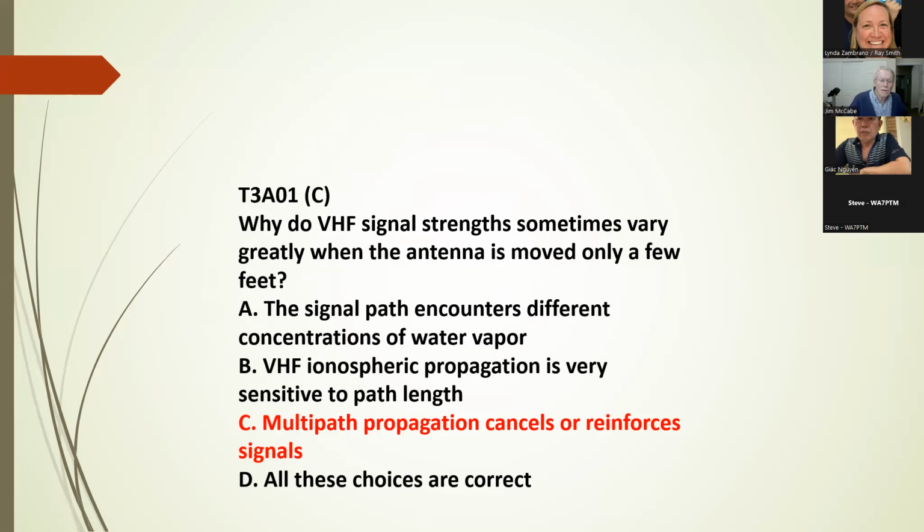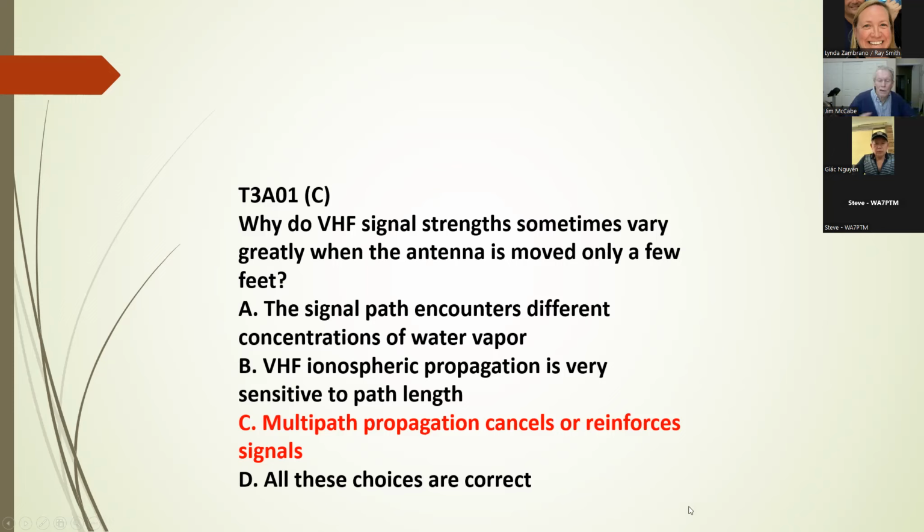Starting off, why do VHF signal strengths sometimes vary greatly when the antenna is moved only a few feet? Well, I just gave you the example. I've been on nets where moving a few feet makes a huge difference in the signal. Think multipath. Multipath propagation cancels or reinforces signals.